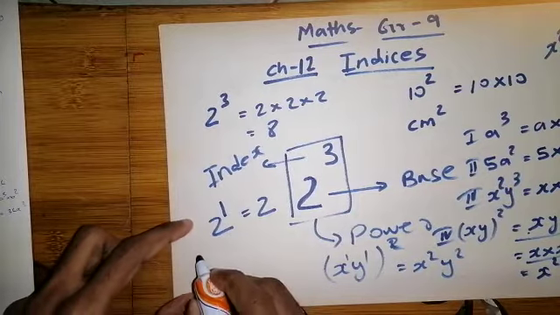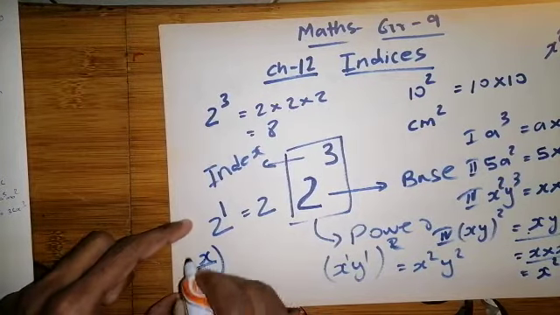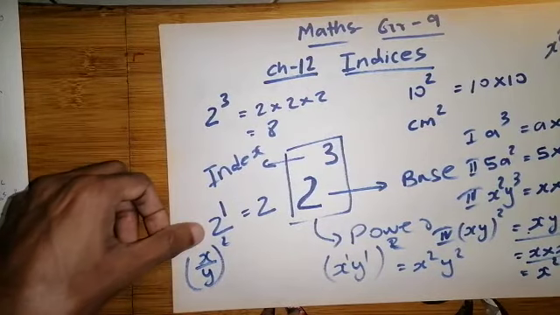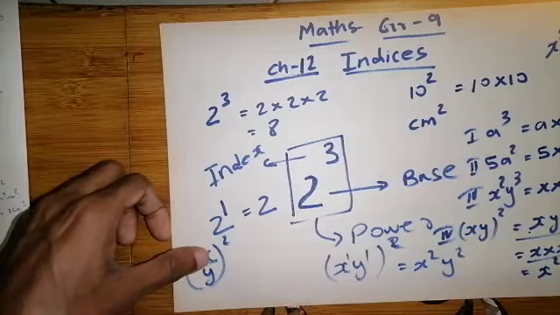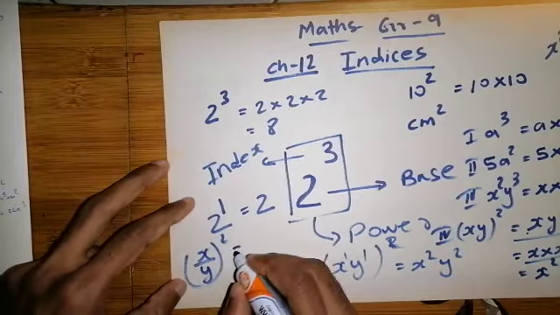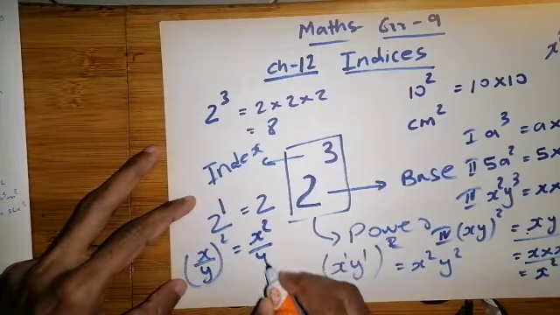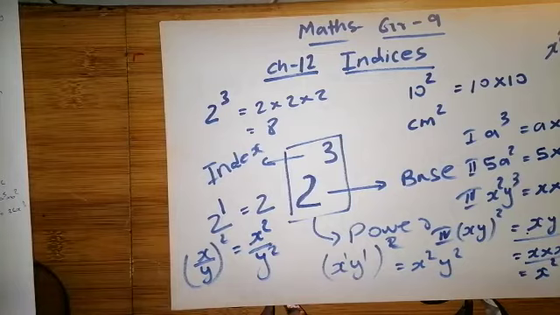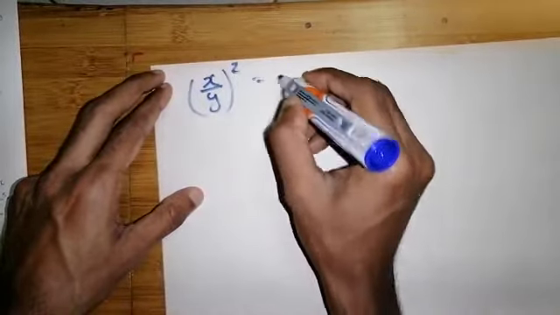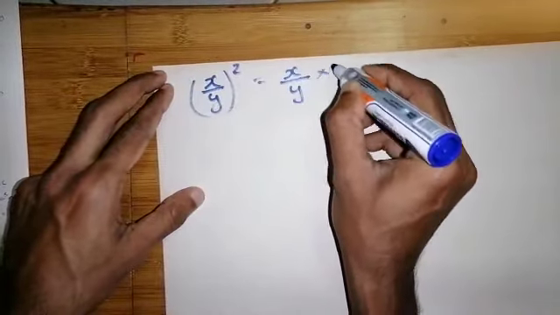Likewise, (x over y) all squared. Individually, x has index 1 and y has index 1. If you give the 2 to the x and y, we will have x squared over y squared. How did it come? If you extract it, we can easily understand. (x over y) all squared means x over y into x over y.